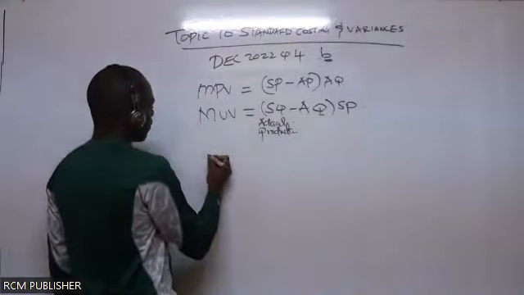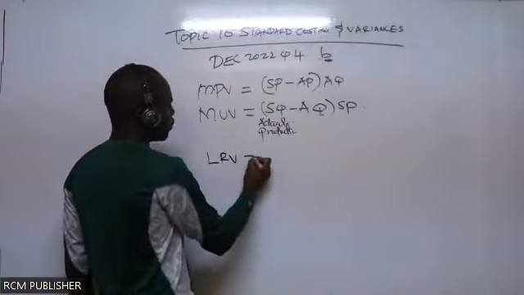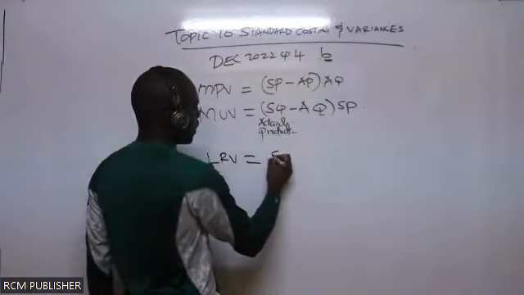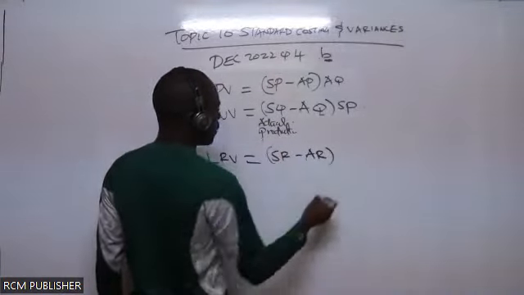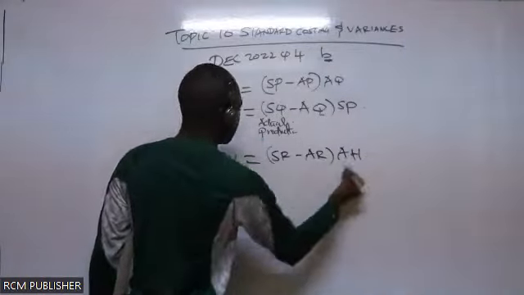Then labor rate variance will be equivalent to standard rate minus actual rate, then everything we multiply by actual hours.